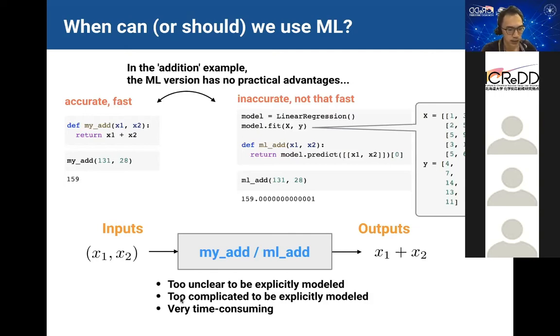In this case, machine learning probably has some practical merit. Or simply it's very time consuming. The machine learning prediction is slower than just addition, but usually very quick. So if a function is simulated very precisely using a heavyweight, time-consuming simulation, then if we can build a high accuracy machine learning approximation, that might be useful in some cases.